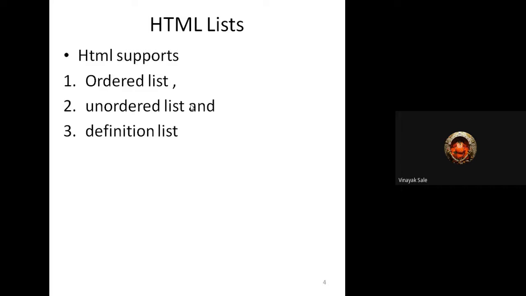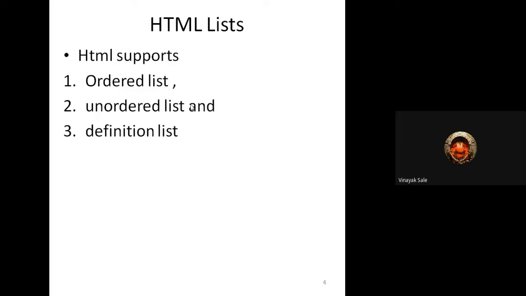Can you purchase as per your list or randomly? First we will purchase the things randomly, and then we will check which thing is remaining to purchase. Are you getting? Yes, sir. Similarly, there are two types of list. That is unordered list.